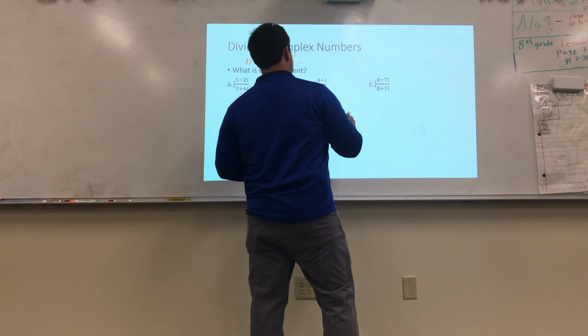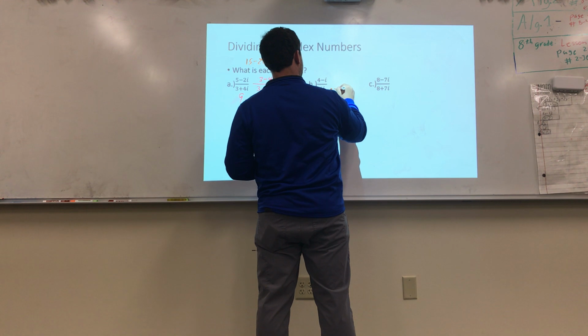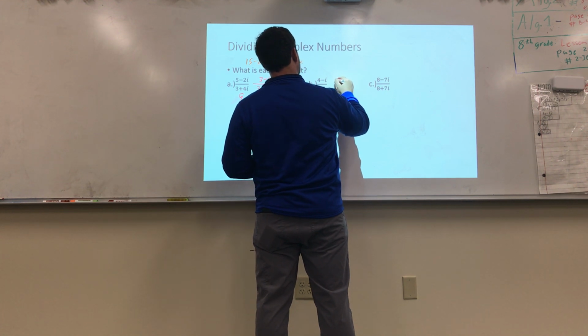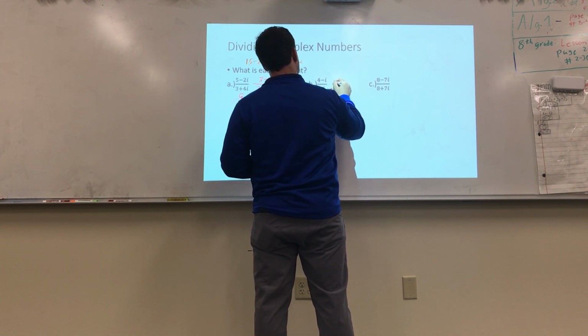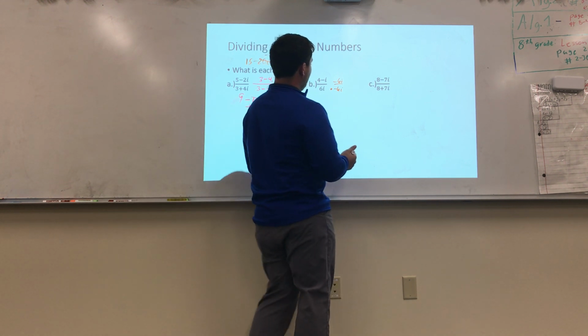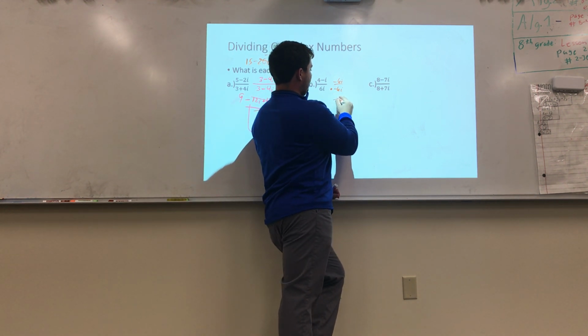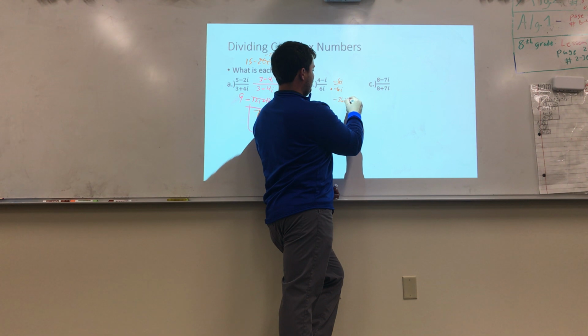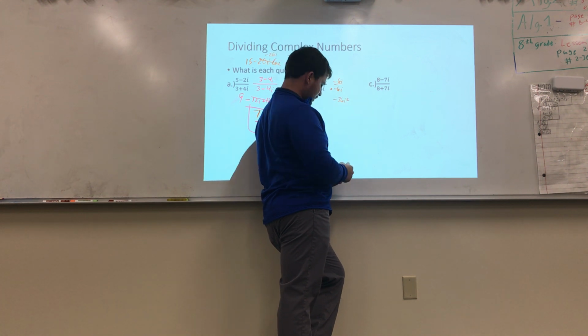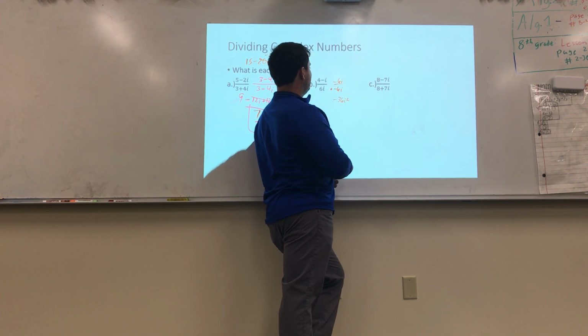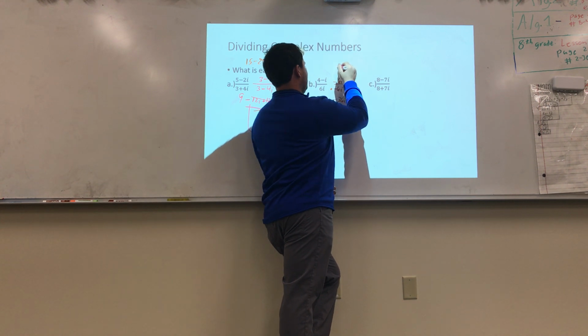All right. Now this one, we just got to multiply by negative 6i. When we do that, we're going to end up with negative 36i to the second on the bottom. Up top, we're going to distribute that. We're going to get negative 24i.